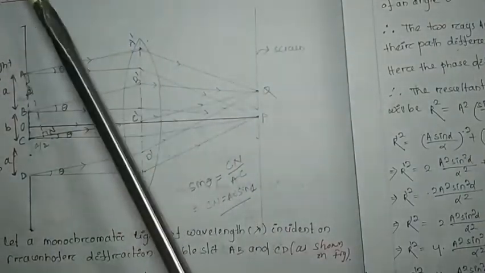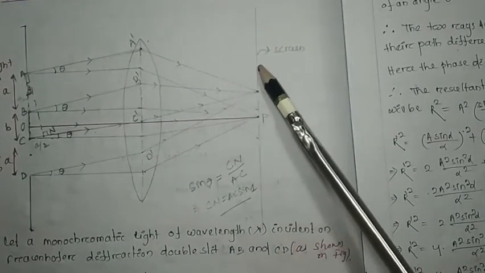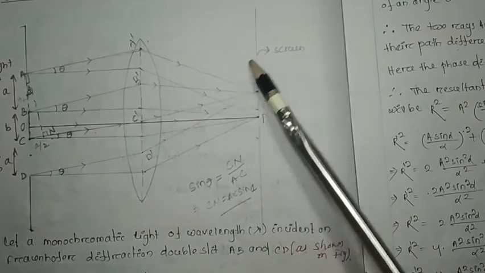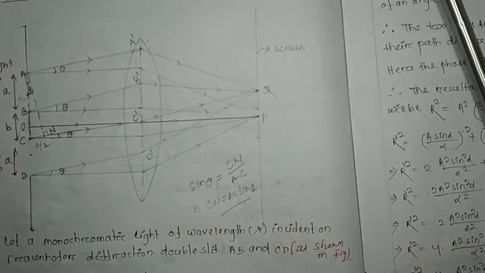In this way we can find the superposition of the rays which reach the point Q. So this point Q may be bright, may be dark.